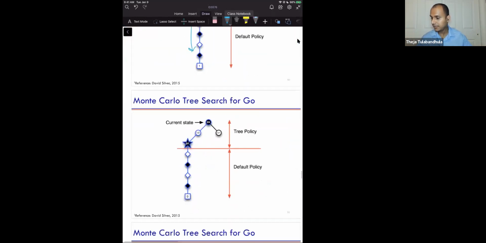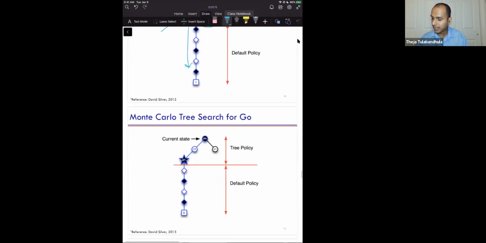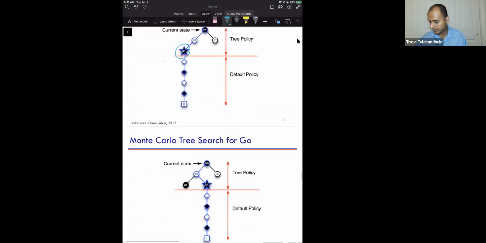So you can see, for example, here, given that the action on the left is more promising, the next time we try the action on the left, and the next time after that we still try the action on the left, but then we try an action which has not been explored. Let's say from this state action pair, you went to another state where there are two actions.